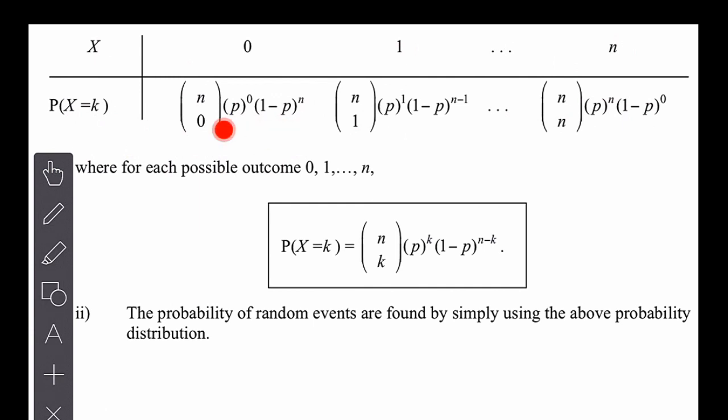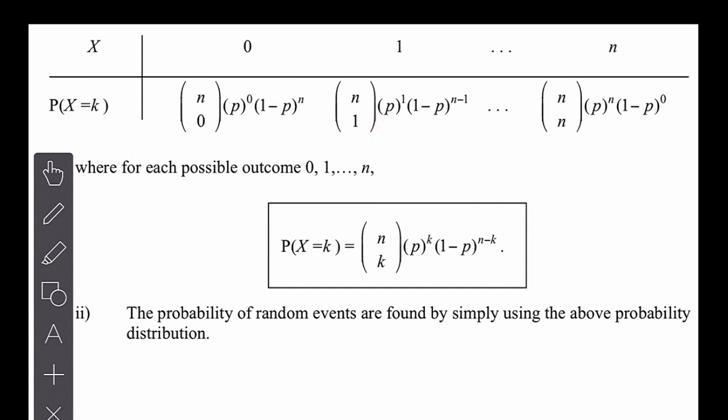If this is the probability of success, then 1 minus p, the only other possible outcome, is a failure. That's the probability of the failure, 1 minus p. So it's raised to n in this case, because if you have 0 successes, then all of the tries must be failures. All right, so that's why it's raised to n. I'm going to explain this a little more. I'm going to break it down even more in a minute.